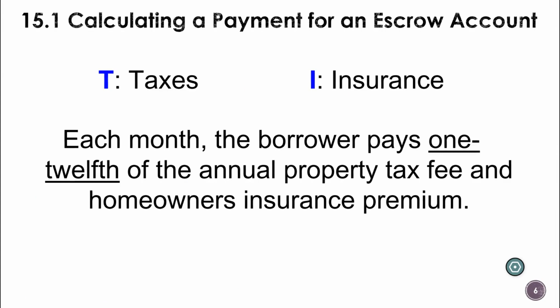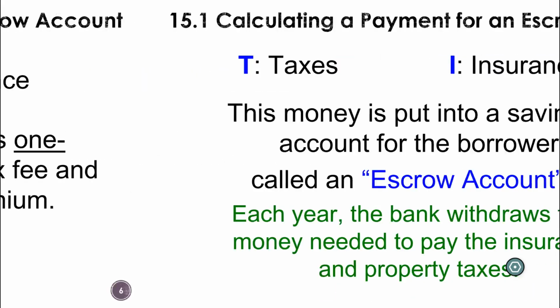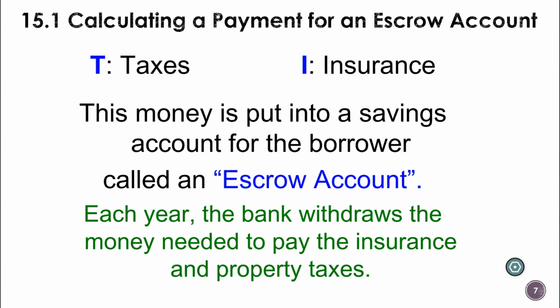Each month the borrower will pay 1/12 of the annual property tax fee and the homeowner's insurance premium. Basically we just split this up into 12 payments and then add it on to your mortgage payment. So the taxes and insurance become part of your mortgage payment, as far as you're concerned, because you just pay a lump sum to your lender.